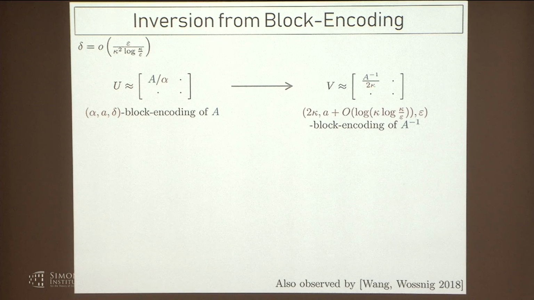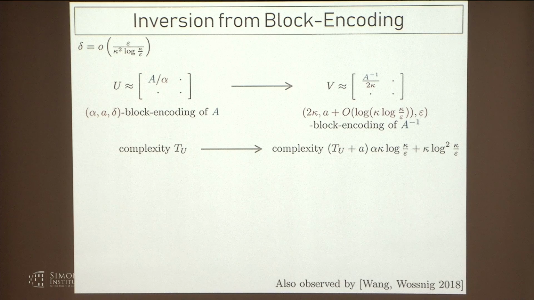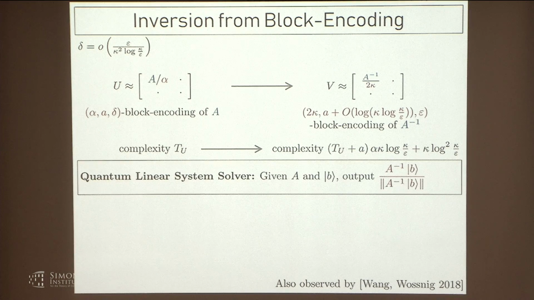Here the scaling is in terms of the condition number of A. And if the complexity of implementing this block encoding is T sub U, then you have this expression for the complexity of implementing this block encoding. And so now we could use this to solve the quantum linear system problem. In this problem, you're given some matrix A and some quantum state b, and you want to output A inverse b. So how would we do that here?